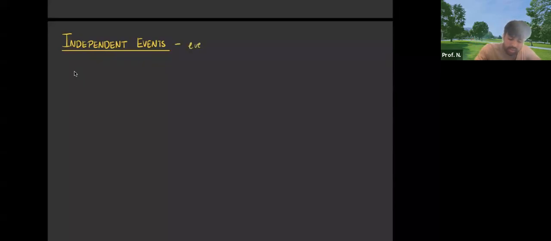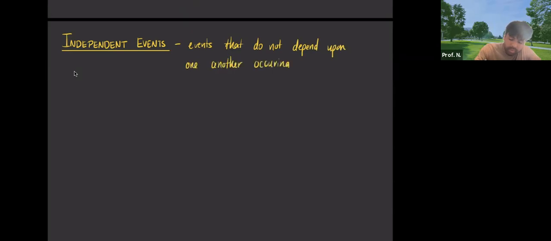So these are events that do not depend upon one another occurring. So one way to define independent events is mathematically speaking. So sometimes just saying it using words doesn't cut it, because the idea is, what does it mean by not depending?